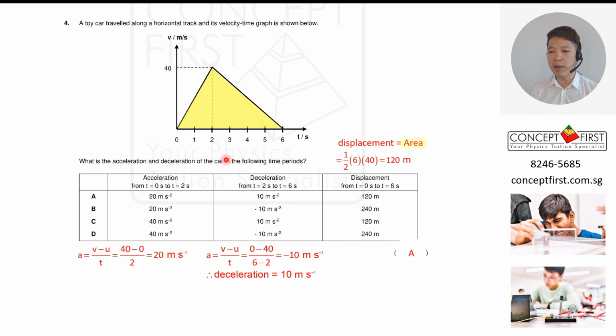Because we're talking about the time period from 2 seconds to 6, I only care about this part. The final velocity is 0. That's how you get a negative value. Now, when the acceleration is a negative 10, the deceleration will just be the positive value 10, because the term deceleration already means slowing down. So we do not need a negative sign in this term that already means slowing down. The displacement given by this yellow area is a simple area of triangle. So 1, 2, 0, we got it.